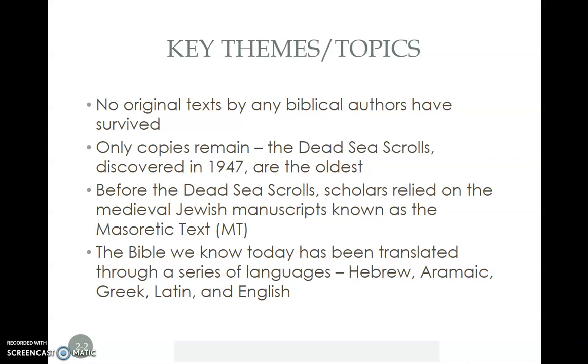When it comes to the copies, you may have heard of the Dead Sea Scrolls, this library that was discovered on the shores of the Dead Sea starting in 1947. They were not all discovered at the same time, but that's when the first discovery was made of ancient Hebrew, Aramaic manuscripts that had been left there by a community that had existed there for at least 200 years.